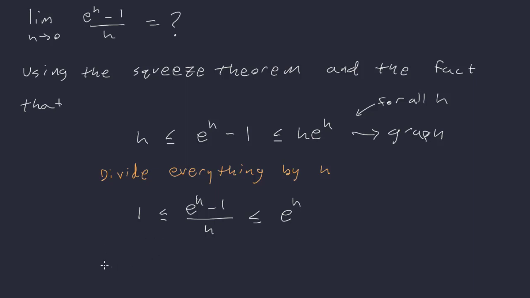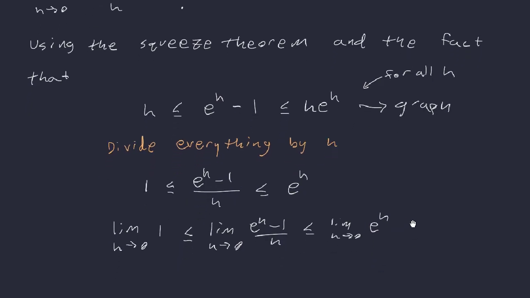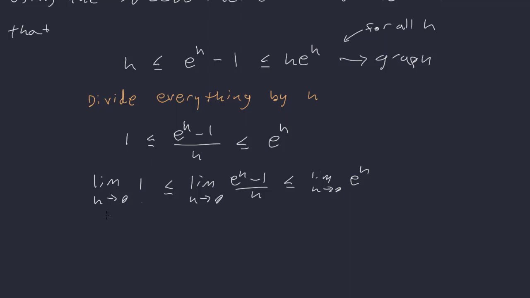And now we can take the limit of all three pieces. So the limit as h goes to 0 of 1 is of course going to be 1. The limit as h goes to 0 of e to the h minus 1 all over h. And the limit as h goes to 0 of e to the h. Well, of course, the limit as h goes to 0 of 1 is 1, right?